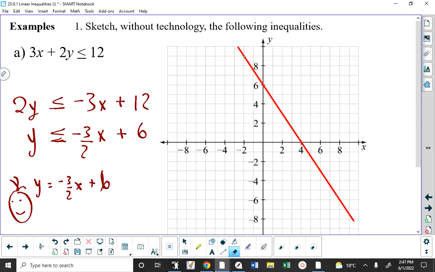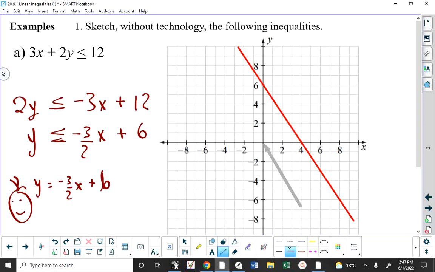So listen carefully. If I pick a point below the line and discover that it is a solution, then I know I'm going to shade below the line. And I can choose any point I want as long as it's not on the line. So what better point to choose than 0, 0? How easy is that to throw into the equation?